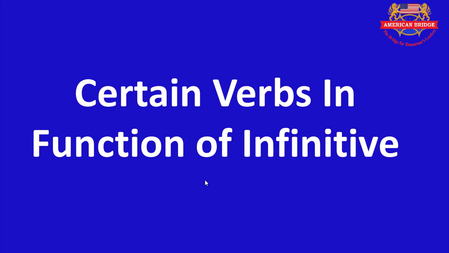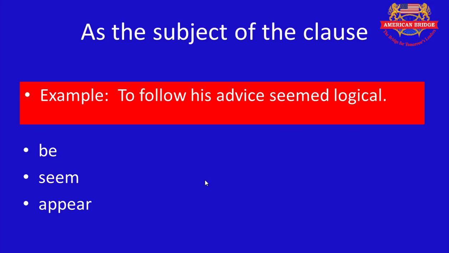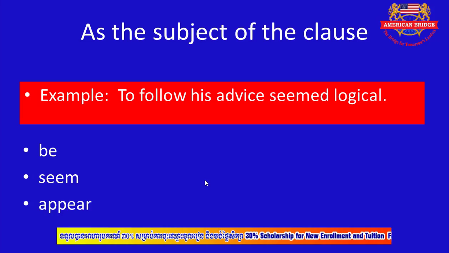Okay, certain verbs in function of the infinitives. So you see the first one, it stands for the subject of the clause. The clause can be a sentence. Okay, for example, to follow this advice seems logical. So you use verbs like be, seem, appear. With these verbs we use the to-infinitive as a subject.